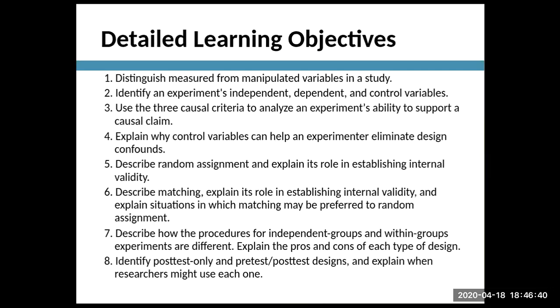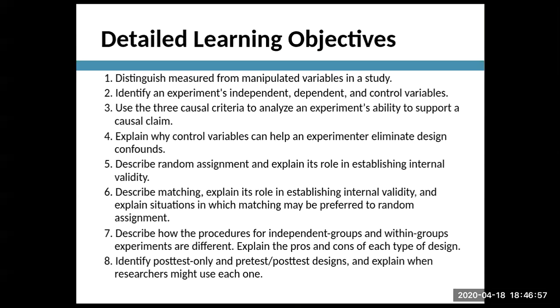But if you're saying in a causal claim that A causes B, then it can't be anything else, right? So in order for a causal claim to be supported, all three of these criteria must be met. In a correlation, only one, only covariance.